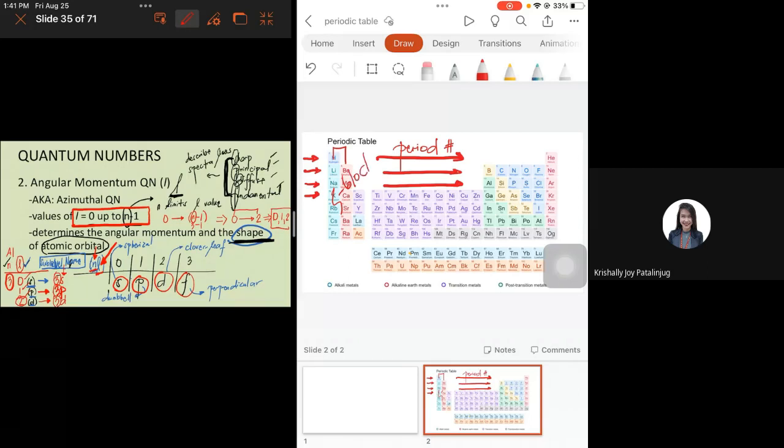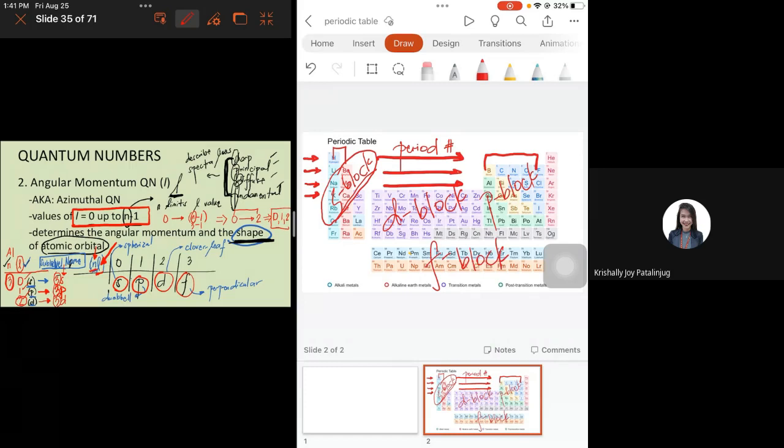Later on, in your laboratory, maybe you had your laboratory activity already about electronic configuration. Upon writing the electronic configuration of the atoms, you'll find out that the outermost shell of the atoms that fall under this block ends with an S orbital. Then for this portion, these are the P block, and then the D block, the middle portion, and this part, the F block.